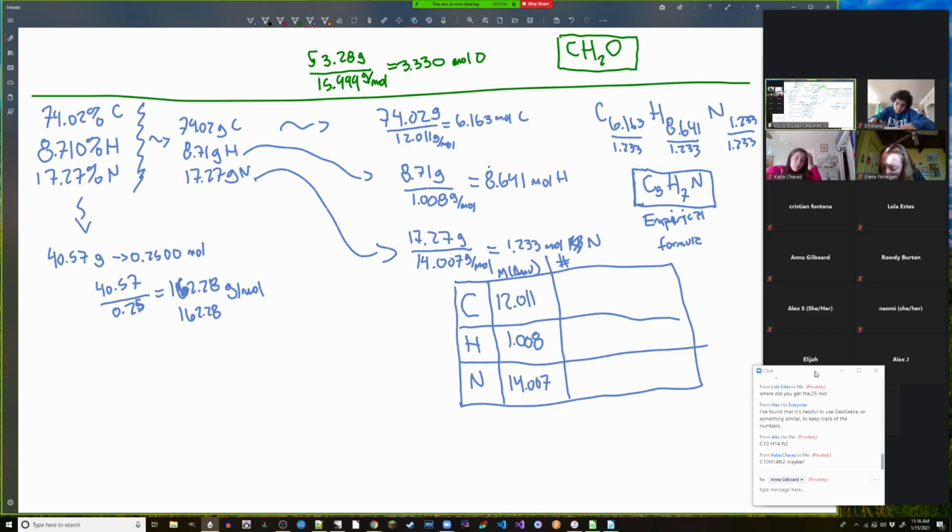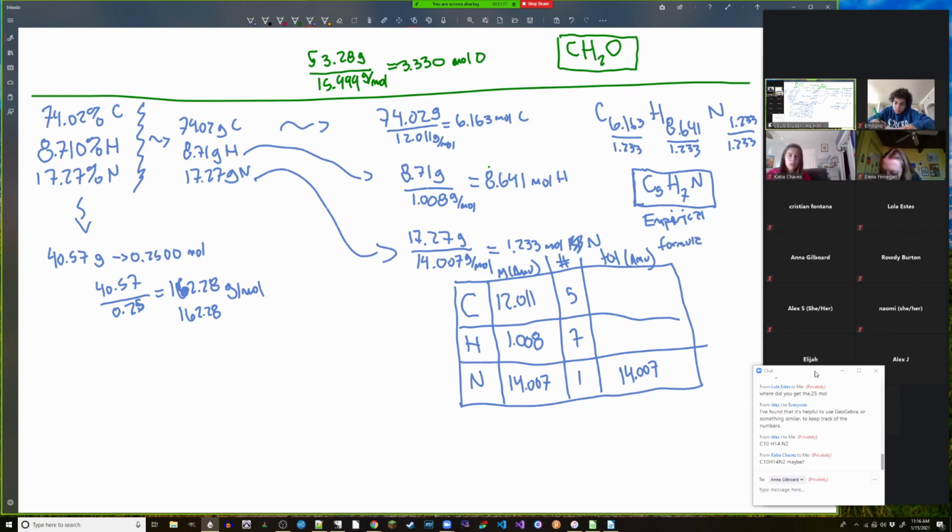The numbers in the formula: there are 5 carbons, 7 hydrogens, and 1 nitrogen. And then for the total mass in AMU, we just need to multiply these. So nitrogen's the easy one. 14.007 times 1 is 14.007.